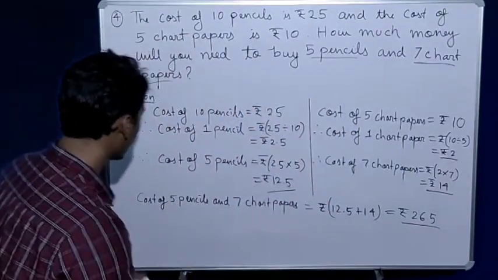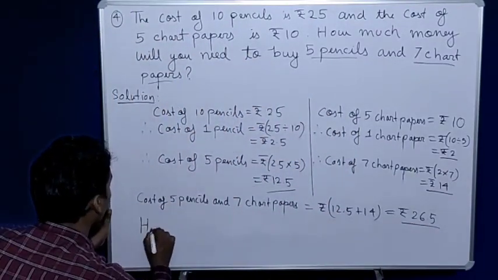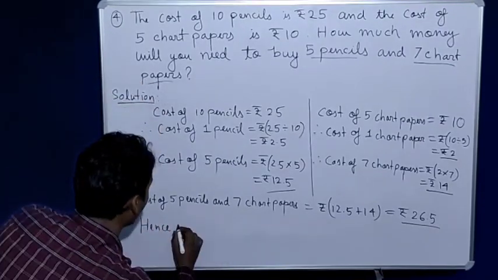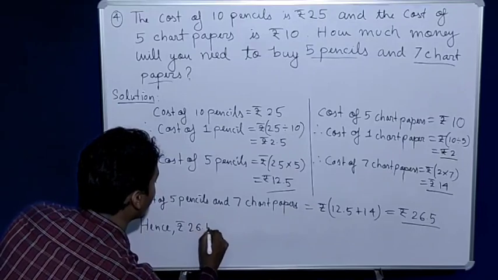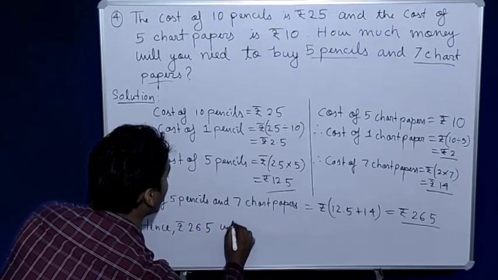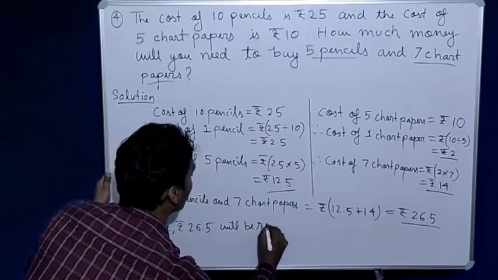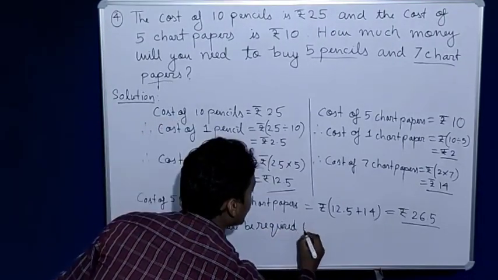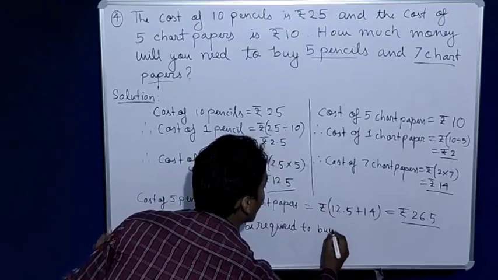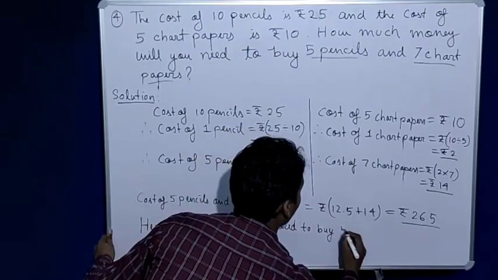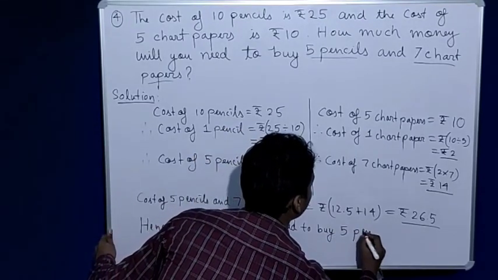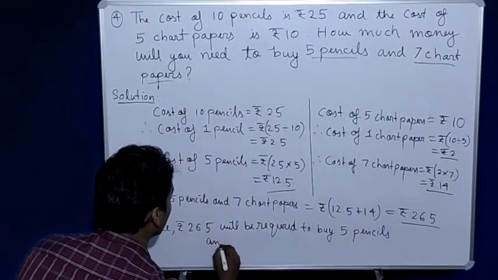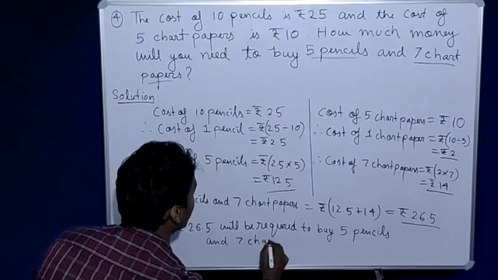So we can write, hence rupees 26.5 will be required to buy 5 pencils and 7 chart papers.